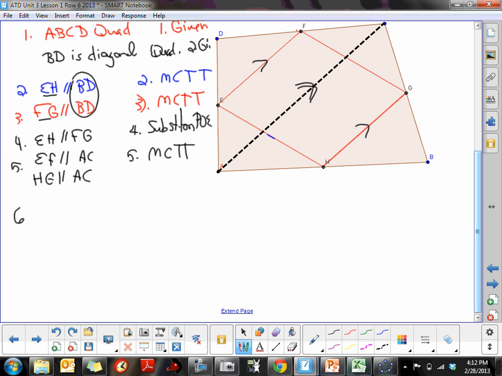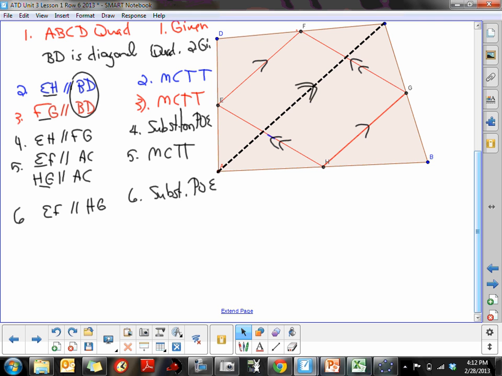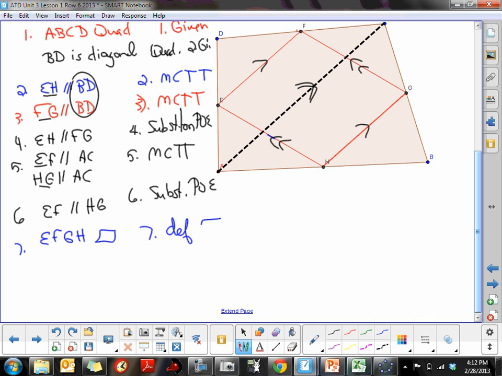In step 6, since they're both parallel to AC, EF has to be parallel to HG, and we'll use our substitution property of equality again. And now what we have is the fact that these two sides have to be parallel as well. So if we have two pairs of opposite sides that are parallel, then in step 7, the quadrilateral EFGH is a parallelogram by definition of parallelogram.